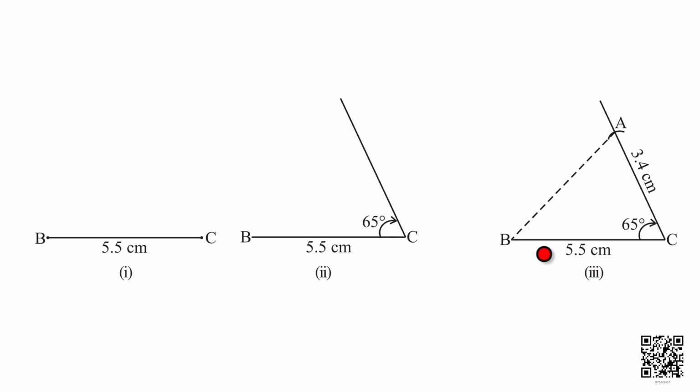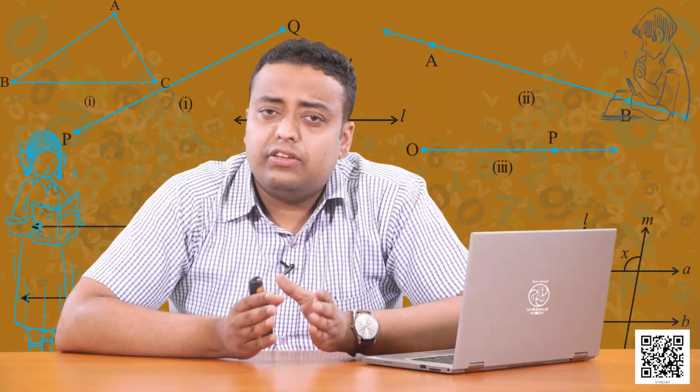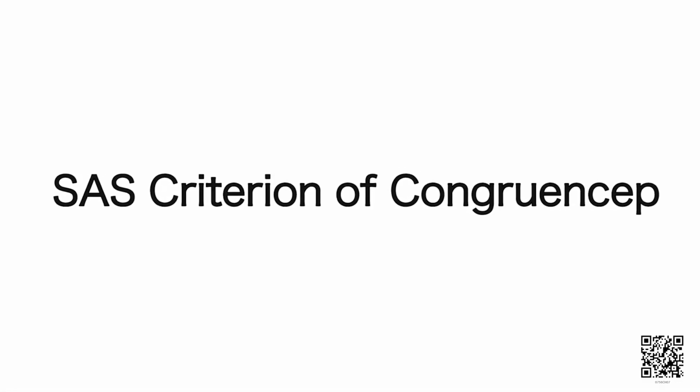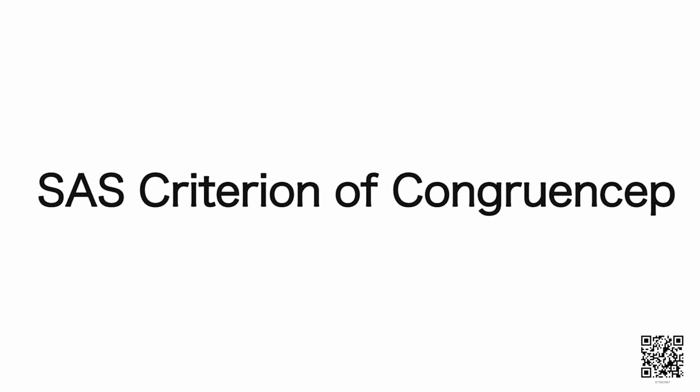So students, the triangle which Tipu got is exactly the same as the triangle ABC of Appu. Thus, we have learned about SAS criteria of congruency.